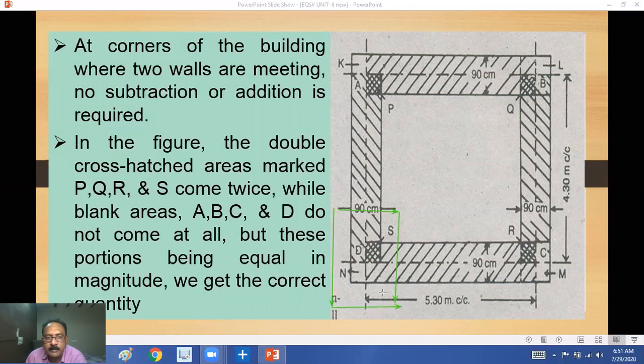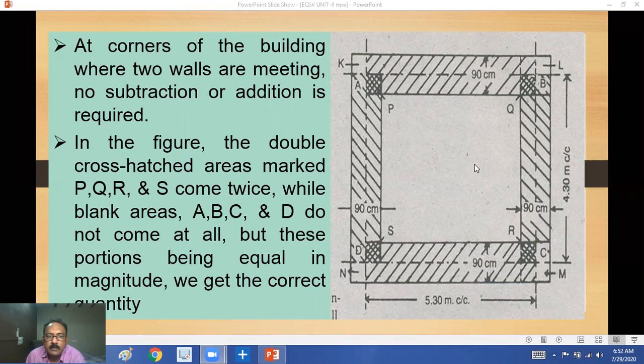This is one important point in the center line method, right? At corners of the building where two walls are meet, be it foundations or footings, first footing, second footing, no subtraction or addition is required.